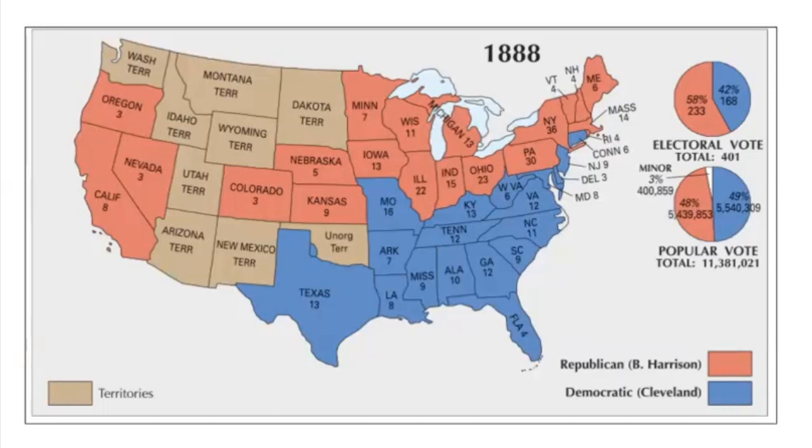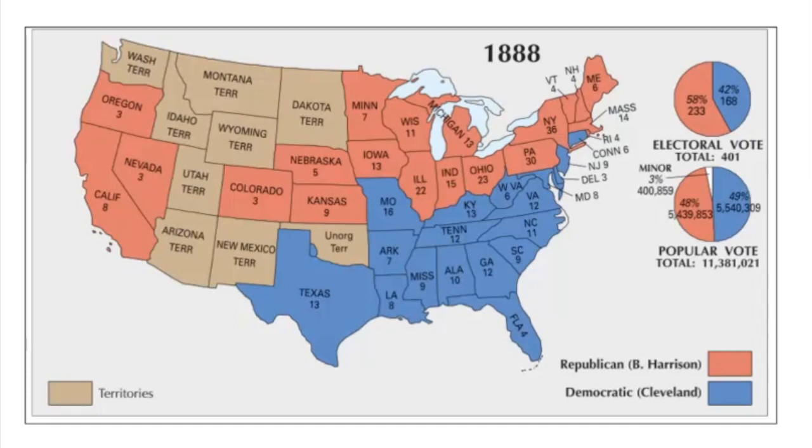Although if you look closely at the slide, you will see that Cleveland won the popular vote. But under Harrison, the Republicans went all in on the agenda of Protestant piety, so anti-vice campaigns of all kinds, which tended to alienate most Americans.